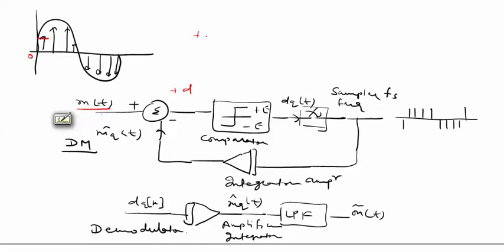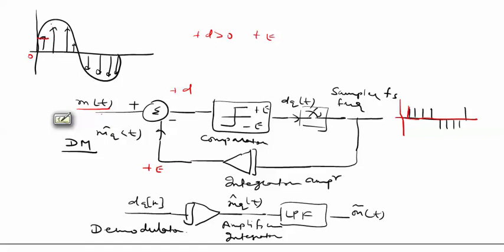Obviously, if d is positive, the result is plus e. The comparator jumps to plus e. The plus e value is sampled, and we get one pulse, and this goes to the accumulator, and the accumulator count is plus e now.